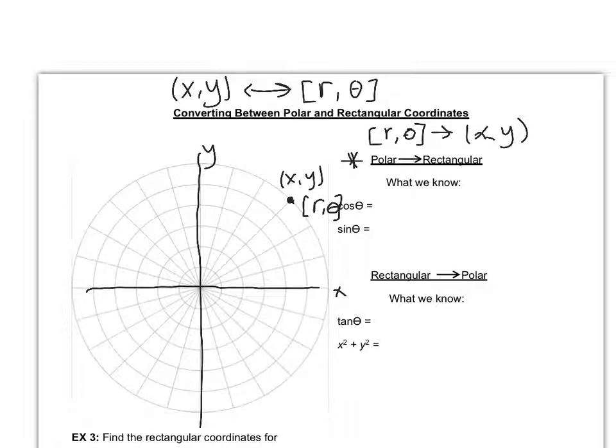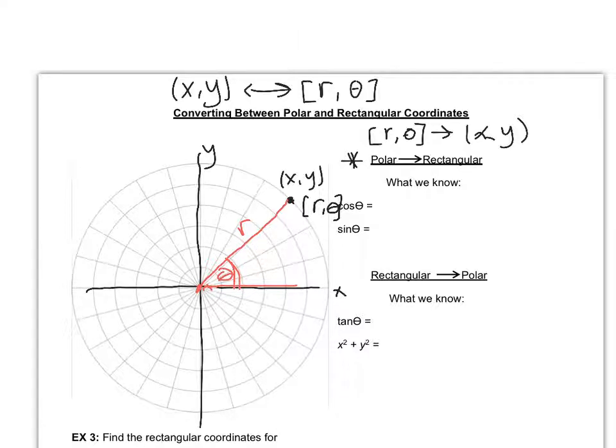So if we're thinking about this in terms of r and theta, that means my value of r, starting from the pole going out to that point, that's what r represents. And theta represents whatever rotation got me from this polar axis to that direction where you move forward r to get to that point. So if we know those two things, how can we get to our x's and y's?